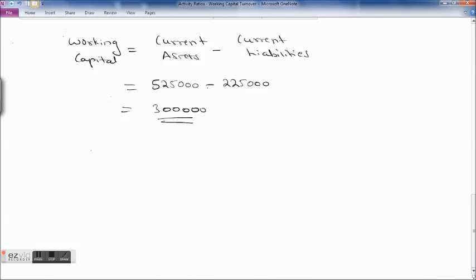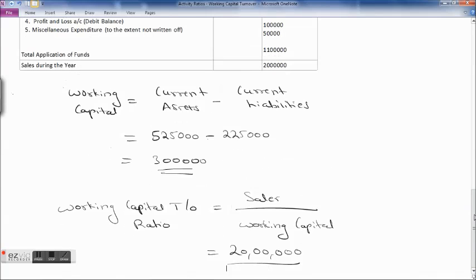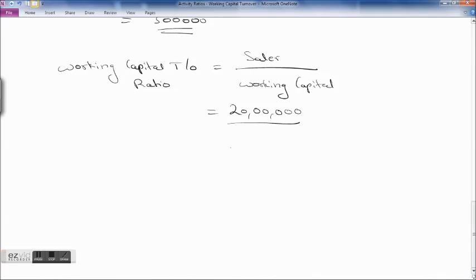Now working capital turnover ratio is equal to sales upon working capital. So how much is sales? 20 lakh, right? It's given in the last line. 20 lakh divided by your working capital, which comes to 3 lakh.